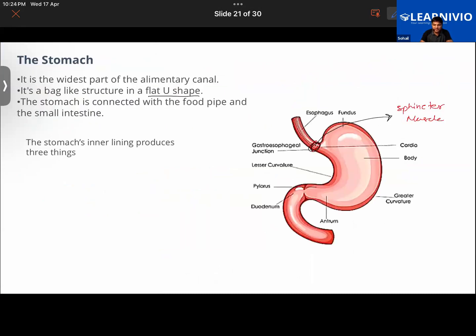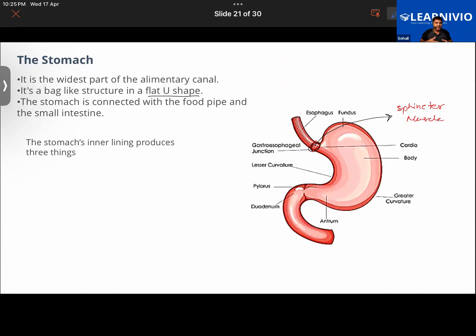See, try to understand this. The food is coming from your mouth via the food pipe into the stomach. Some people might think, if I eat lots of food, what will happen? They will say the food might start entering back into the food pipe. But that does not happen because there's a special muscle here called the sphincter muscle, and it closes the opening for some time.